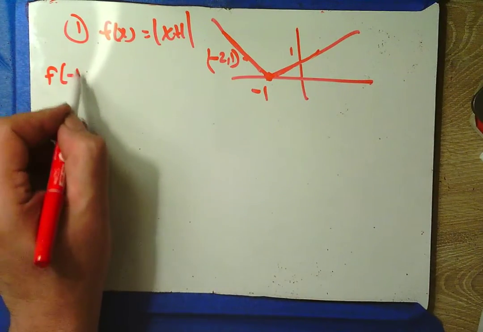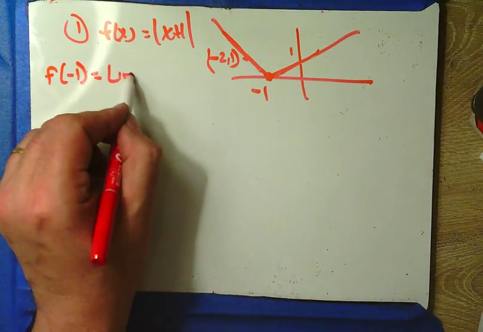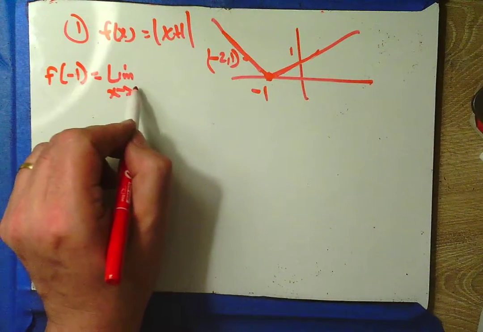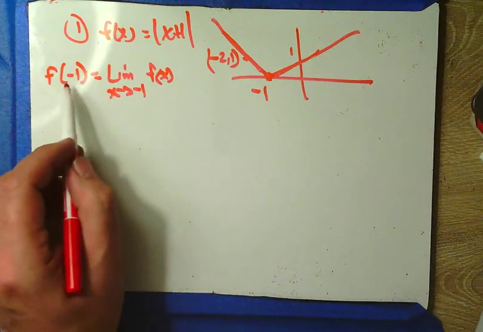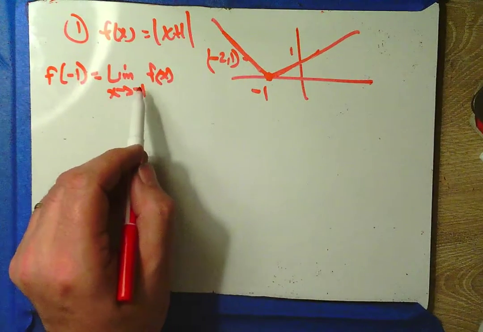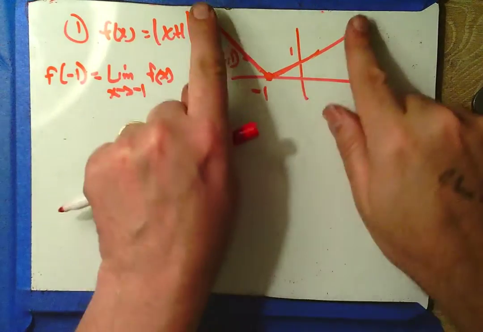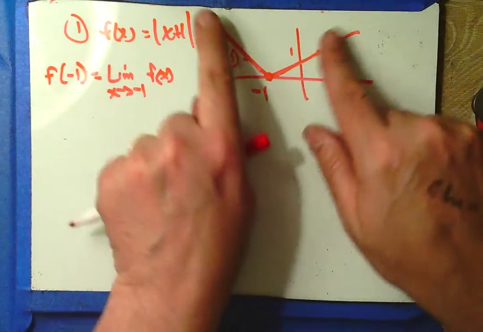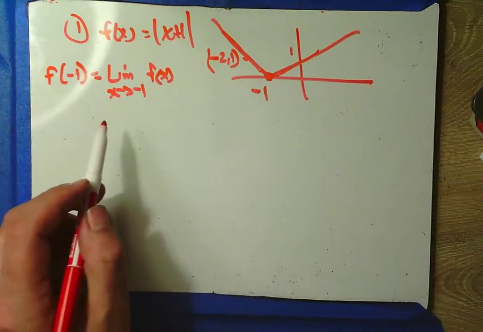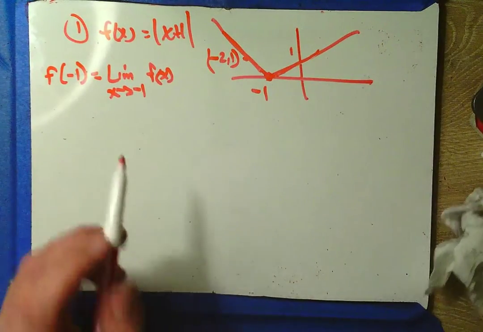F of -1 equals the limit as x approaches -1 of f of x. So we know that this is 0. We know that this limit is 0 because from both sides here, the y values of the function are approaching 0. So we know that this function is continuous.